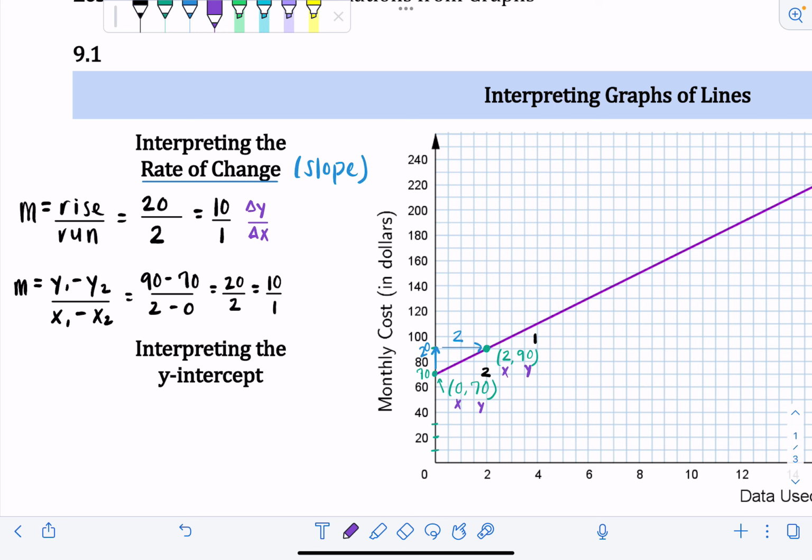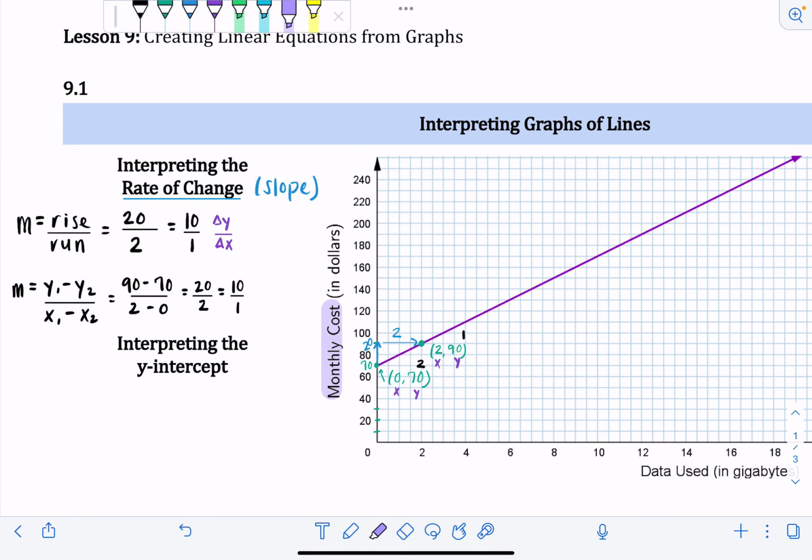Change in y, if you look at the way the y-axis is labeled, is the monthly cost. That's how my y is changing, because that's how my y-axis is labeled. And then for change in x, if you look at the x-axis, it's data used. So monthly cost over data used.